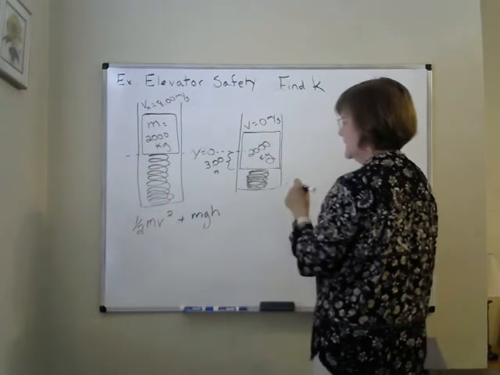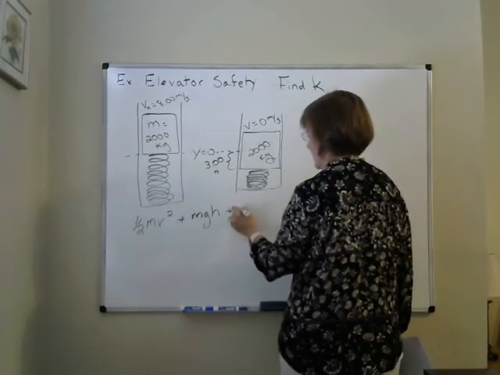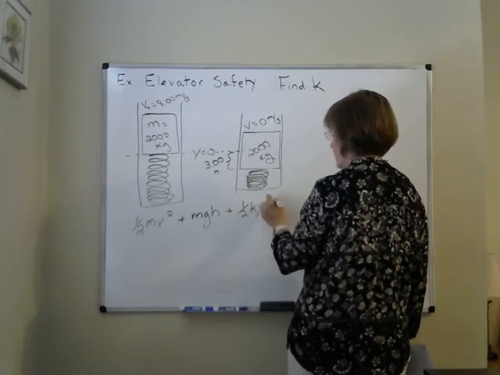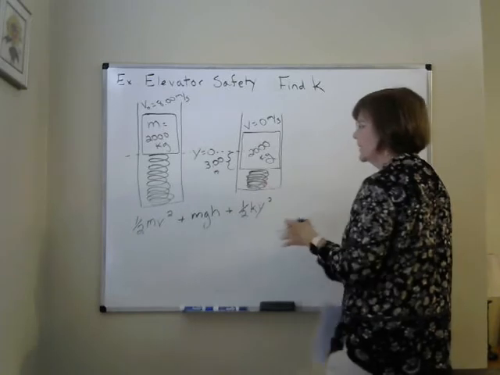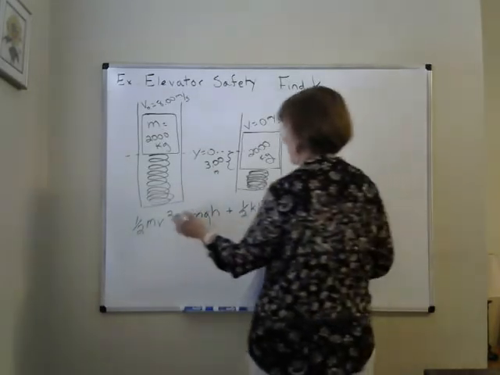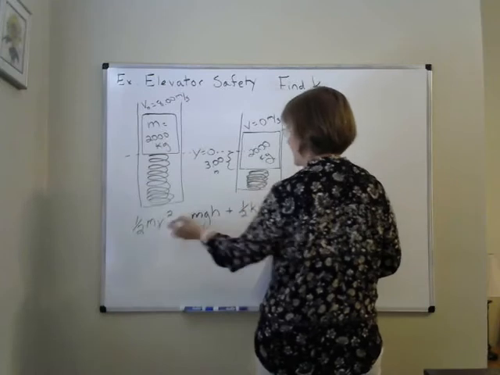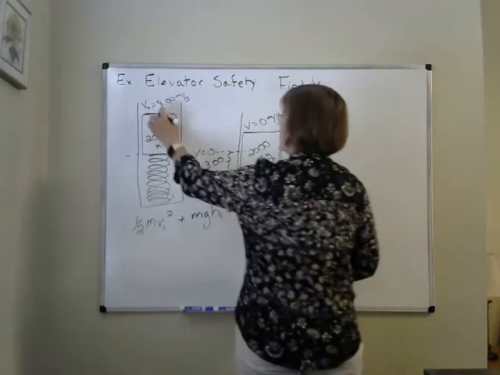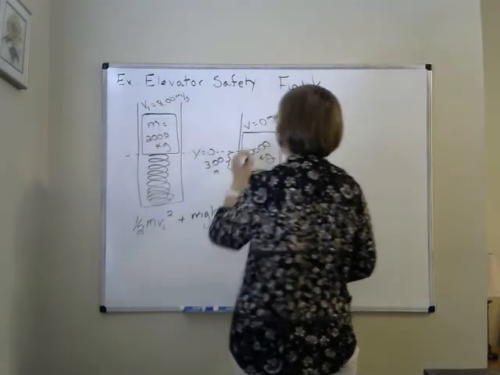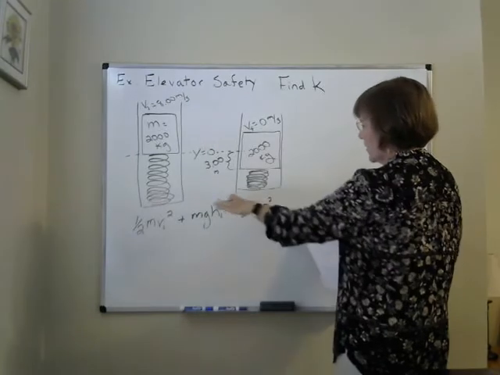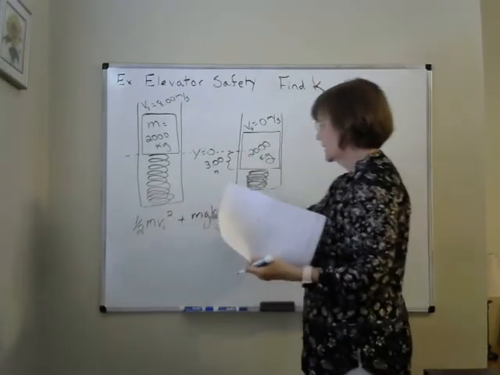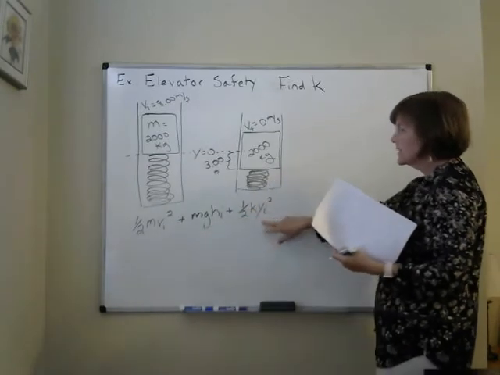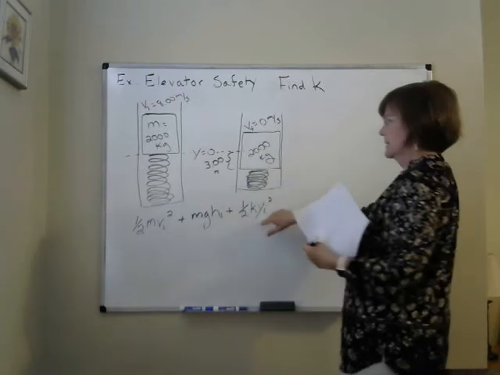We have elastic potential energy, 1/2 ky squared, since I used y. We haven't put any numbers, but all of these are initial, so you could put zeros or i's. We'll use i. That's final. Okay, so there's all that initial: the initial kinetic, the initial gravitational potential, the initial elastic.